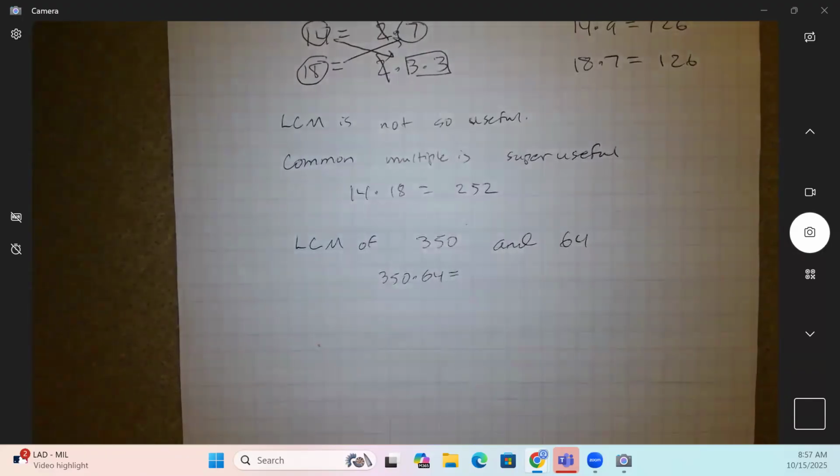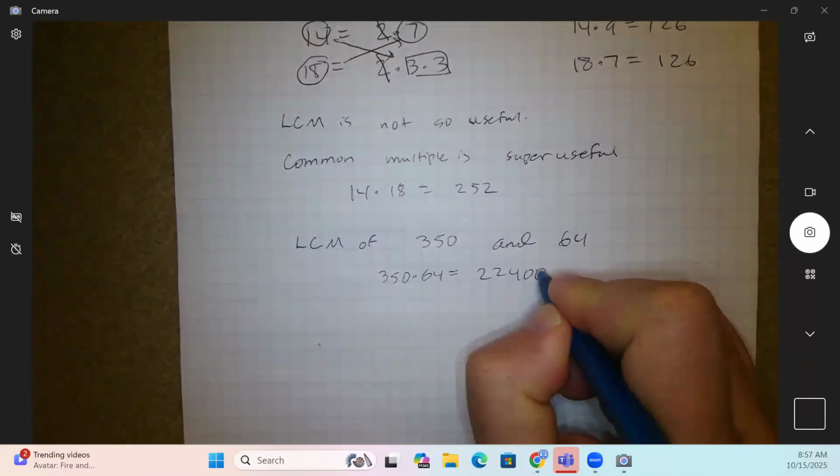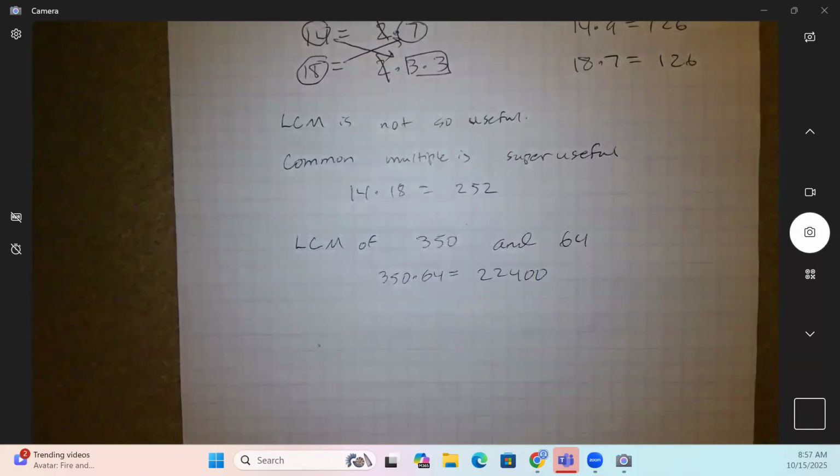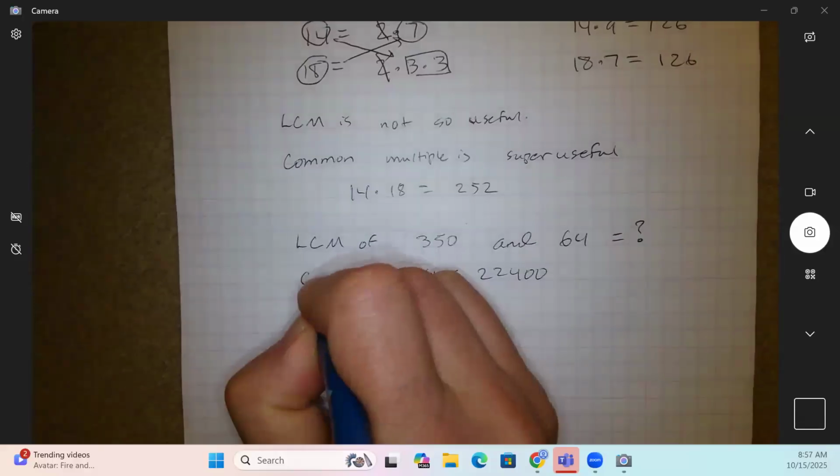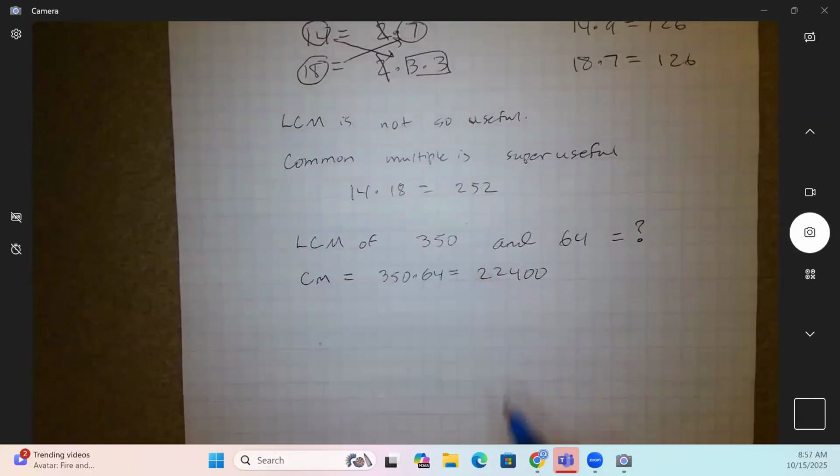Because whatever I need to use the least common multiple for, just the basic common multiple works as well. 22,400. Equals question mark, but a common multiple is 350 times 64. And I'm going to show you what I mean by that, just as a little look ahead.